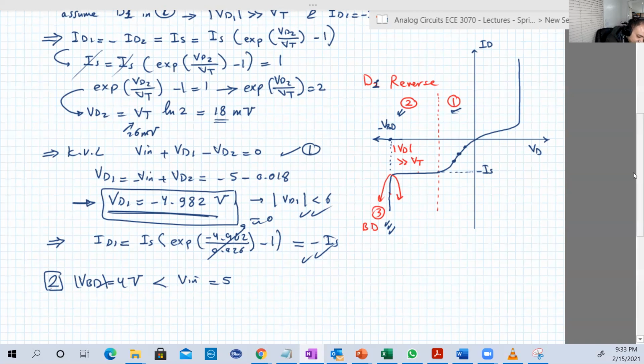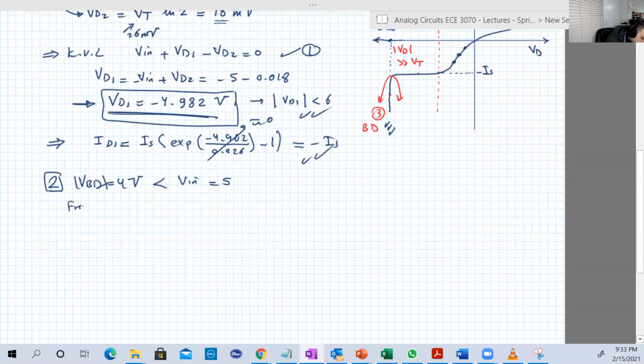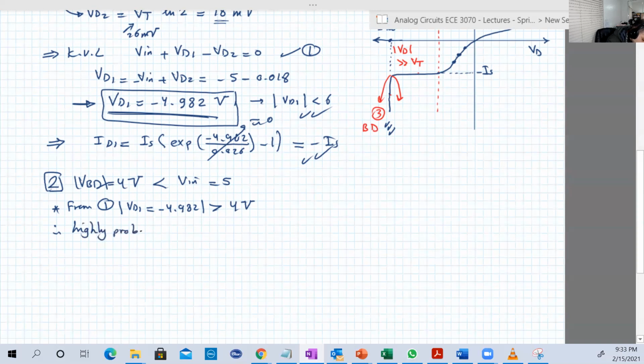Okay, so let's write this. From point 1, VD1 was minus 4.982, and this magnitude is greater than 4 volts. So we can now say it is highly probable that D1 is in breakdown.